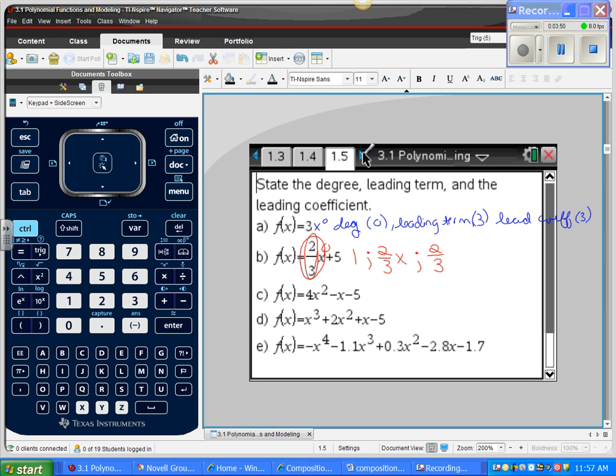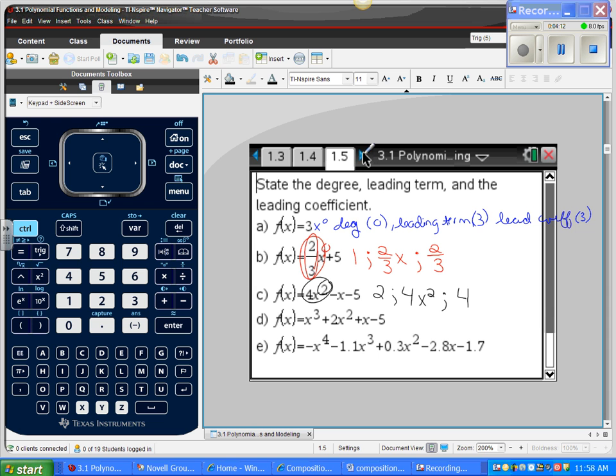Next one, degree is 2. Leading term is 4x squared. And your leading coefficient is 4. So notice all that information comes from the same term in that function.